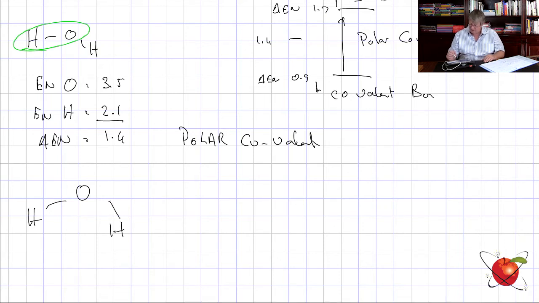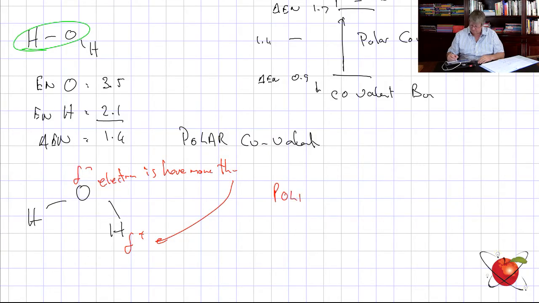It means that the one side is negative, delta minus, and the other delta plus, because why? The electron is here more than there. It spends more time there than it does here, right? Which makes that side more negative, all right? So therefore, that's why it's polar.